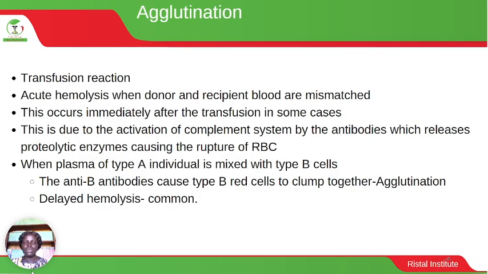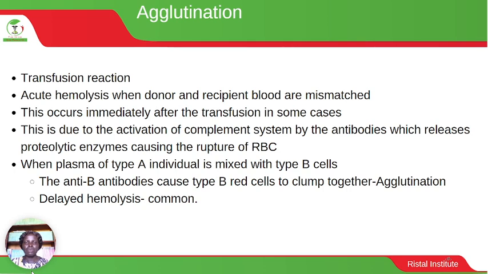So we are still continuing with agglutination. Transfusion agglutination is referred to as transfusion reaction. There is acute hemolysis when donor and recipient blood are mismatched. This occurs immediately after the transfusion in some cases. This is due to the activation of the complement system.